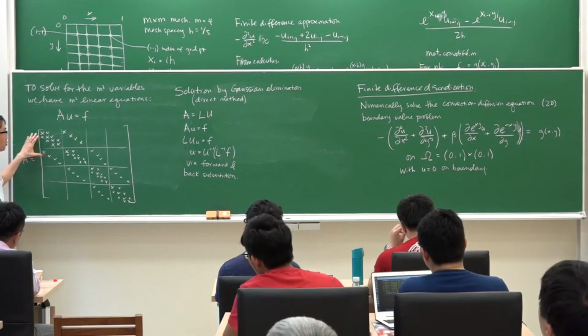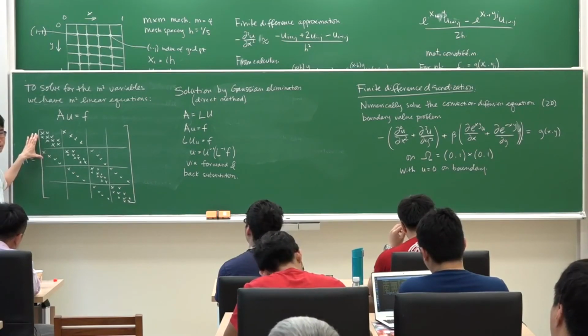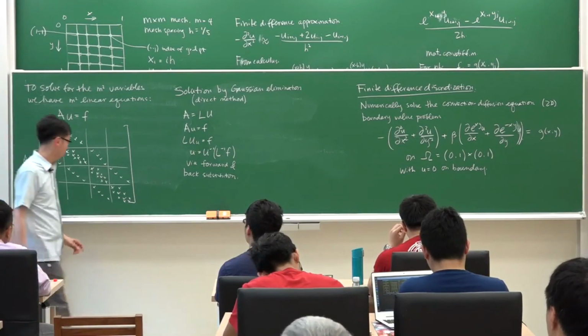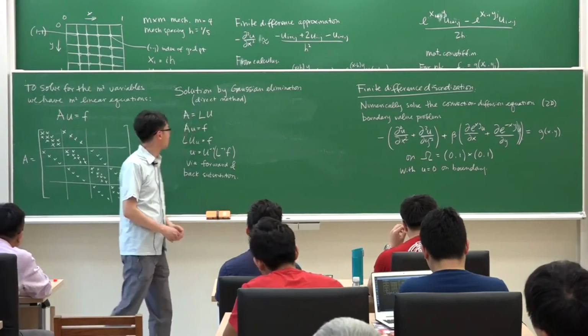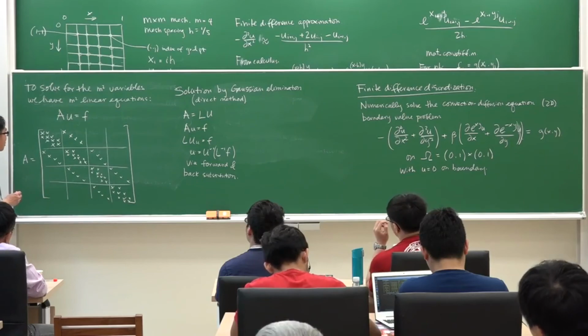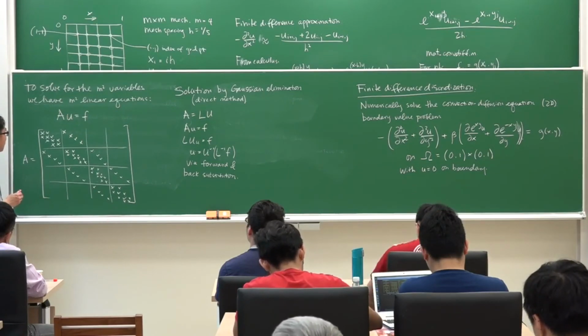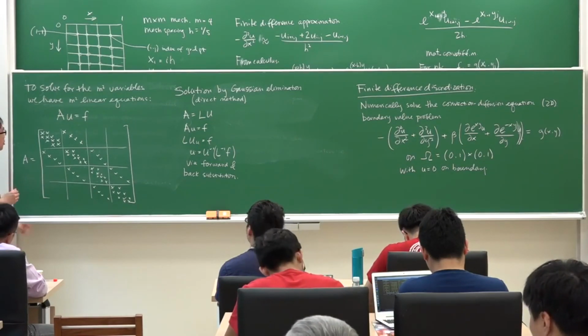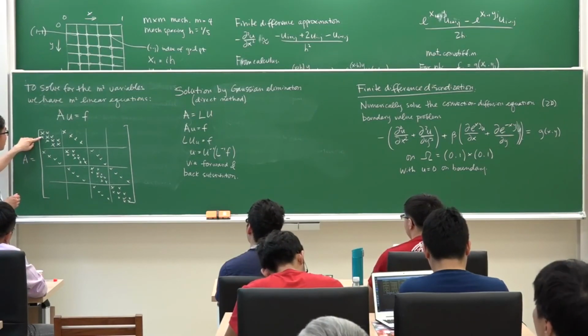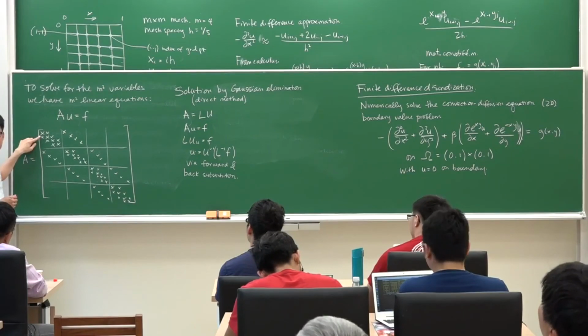But we can do this on the structure of the matrix and see what is the structure of the L and the U that arises. It's easiest if we try to do this in some order. I'm going to introduce zeros in L column by column.